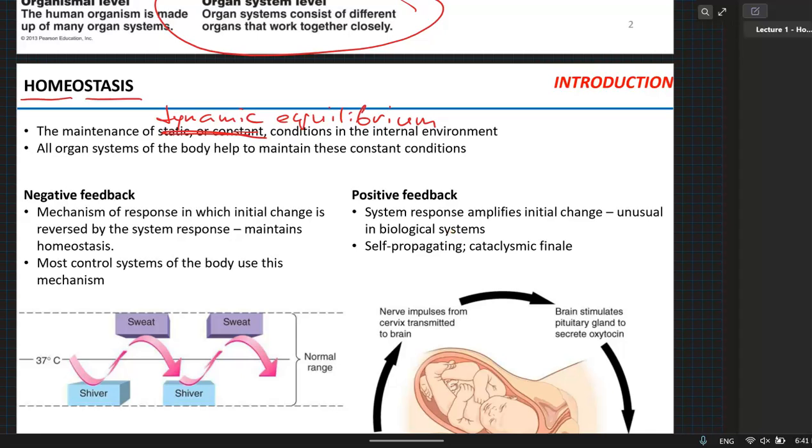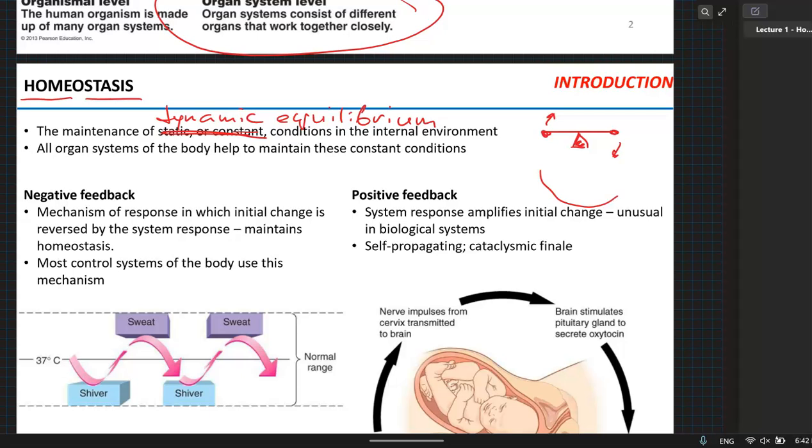There are several ways to think about homeostasis. In some way, it's convenient to think of it as a teeter-totter, okay? When one end goes up, another end goes down, and the response will be to bring it back to the balance.